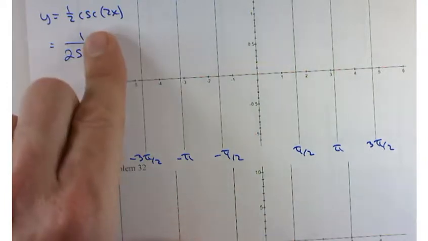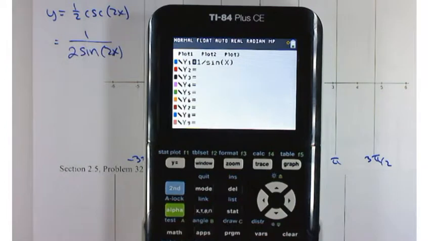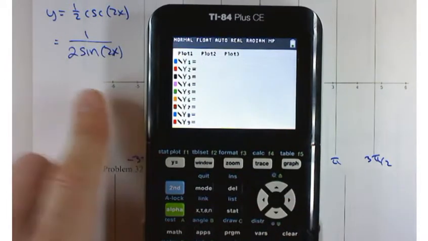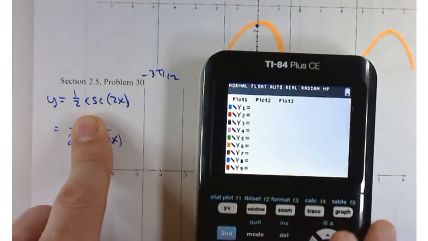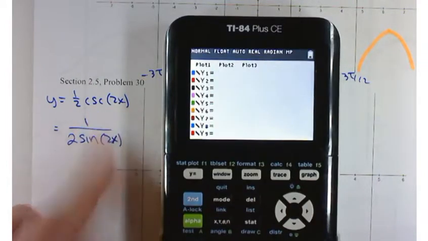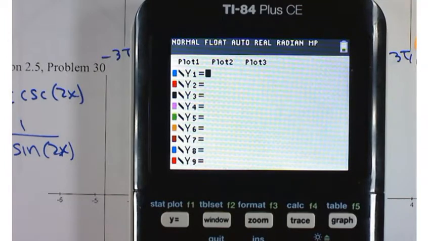Let's figure out how we're going to graph this and how we're going to put that in. So I want 1/2 cosecant of 2x, and I'll show you a couple different ways to do that.